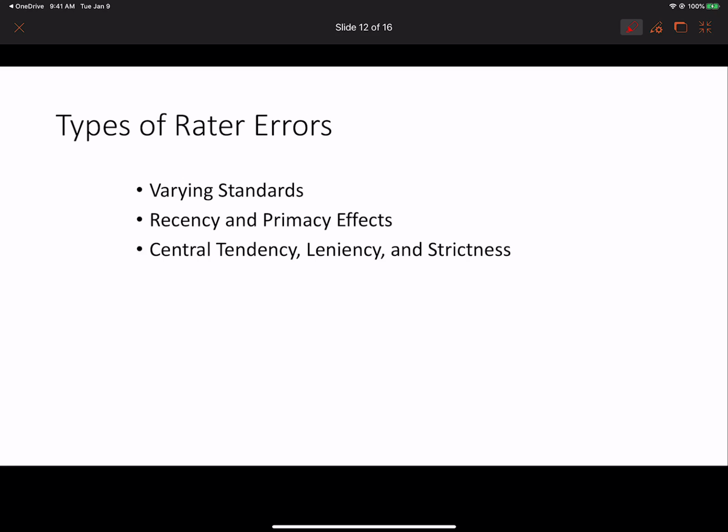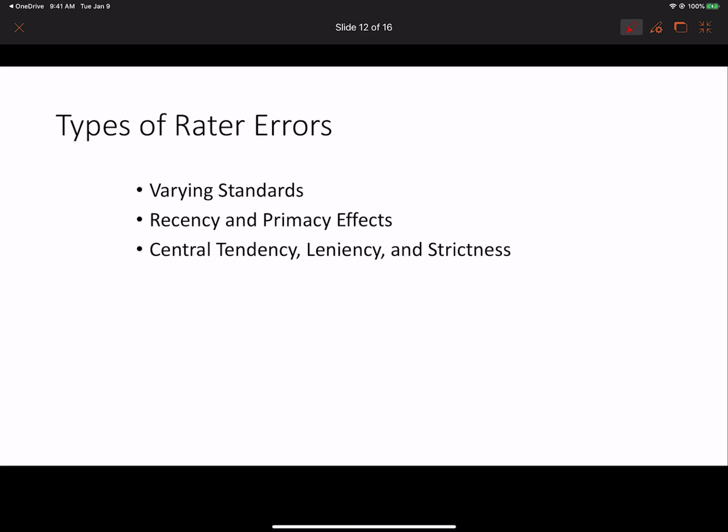Central tendency, leniency, strictness. Central tendency, as we saw a while ago in that bell curve, is the amount of deviation from the center. It occurs when a rater gives an employee a score within a narrow range in the middle of the score, or in the middle of that bell curve.